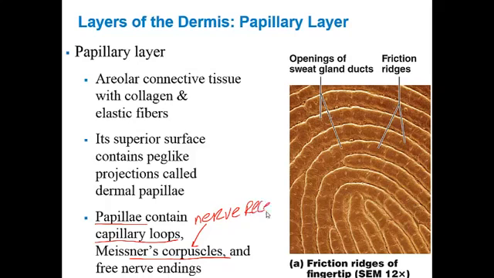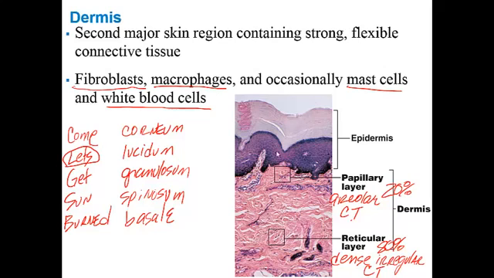So they're different than the tactile receptors, which are found in the epidermis. And there's also some free nerve endings, which are a little different as well. But the superior surface is this peg-like appearance of dermal papillae. If we go to the last slide, this would be an example of the dermal papillae that you see here.